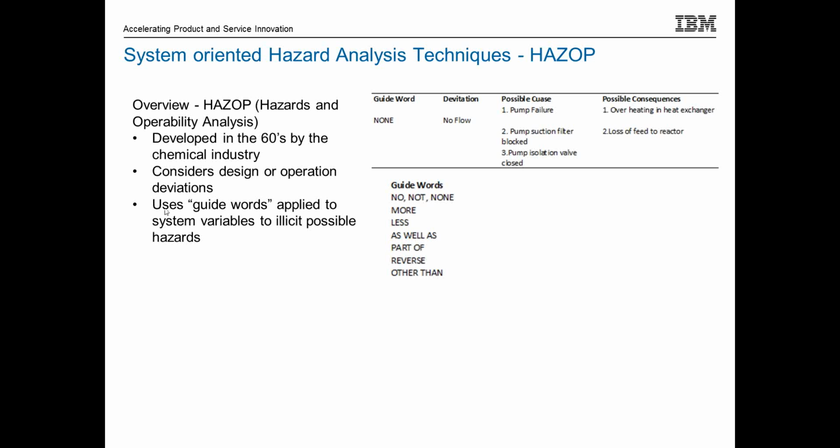The key thing that it uses is guide words. So one thing you're doing here is analyzing the system and applying these guide words, like for instance if you've got no flow in a pipe or the valve doesn't open, those sorts of things. The key here is that you're identifying hazards, right? This is a technique that allows you to identify hazards in the first place.